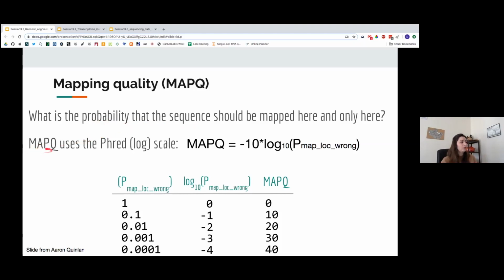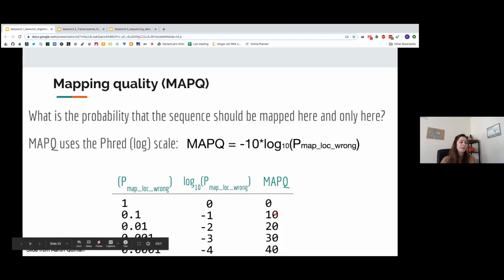So mapping quality also uses a Phred log scale, which we learned for the base qualities. Again, the formula is -10 multiplied by the log base 10 of the probability that you got the mapping location wrong. So if you have the probability of getting the mapping location wrong as 0.1, then log 10 of that would be -1, and the mapping quality would be 10.